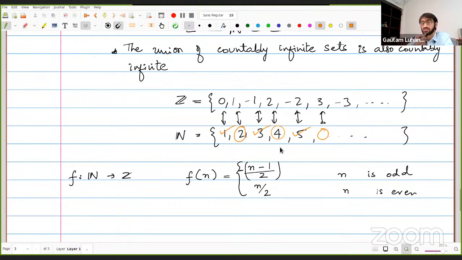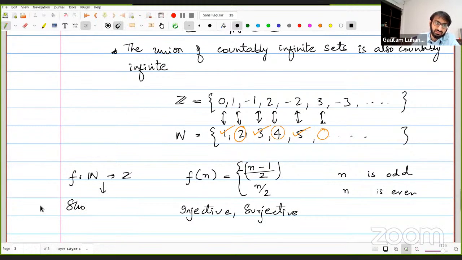And so again, the same questions are still open for this mapping that you have just derived. Can you prove that it is injective and surjective? So you have to show that f is a bijection.